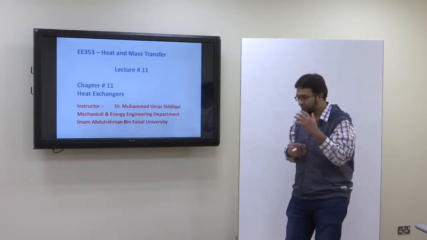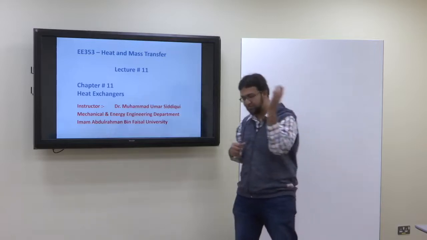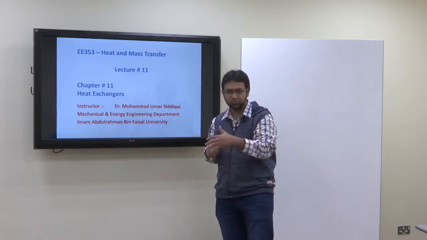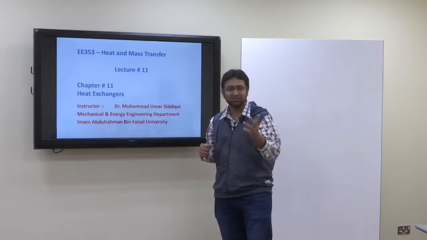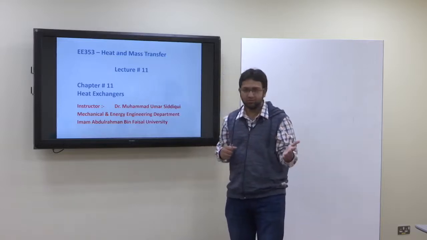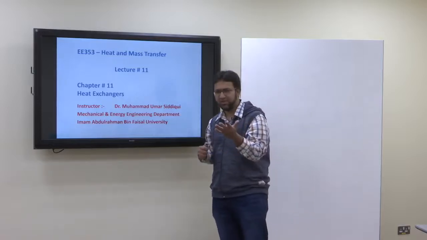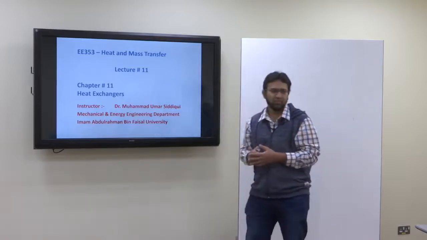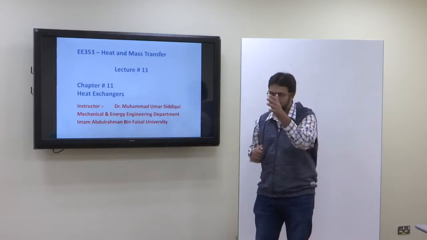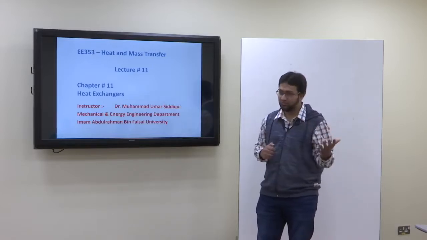So you have one fluid inside the tubes of the heat exchanger. That's kind of an internal flow that you have been studying in chapter number, I don't remember, I think chapter number 8. And then you have flows above it, which is the external flow.